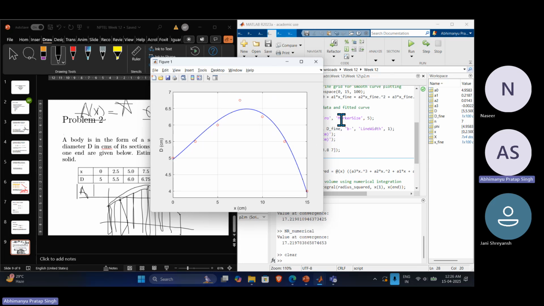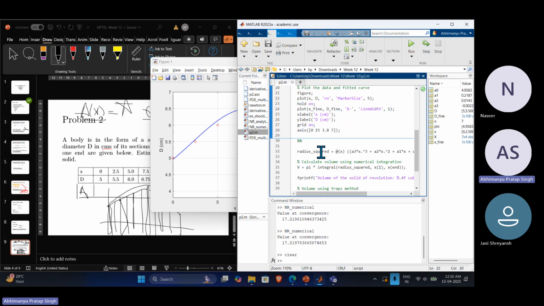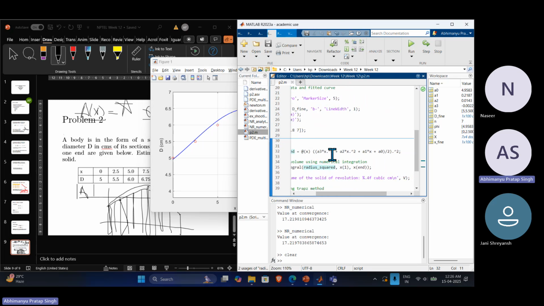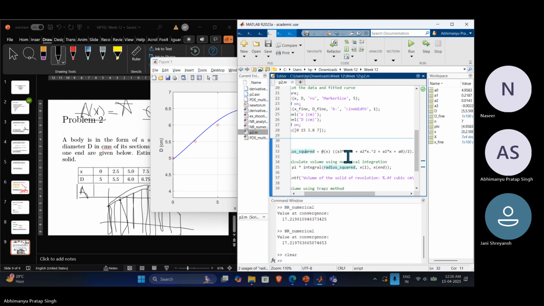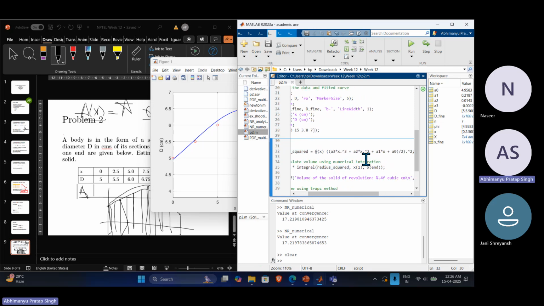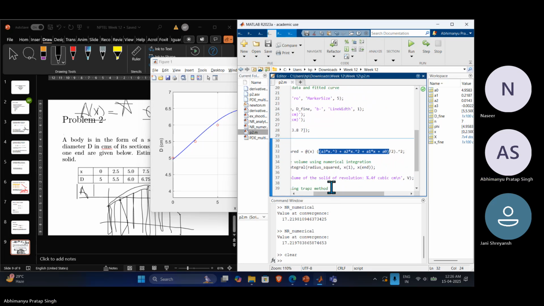So in the next part, I'm calculating my radius squared. This is just my r square that I'm calculating based on these coefficients that I got. This is a function handle that I have created over here for r square, where my r is a cubic polynomial.